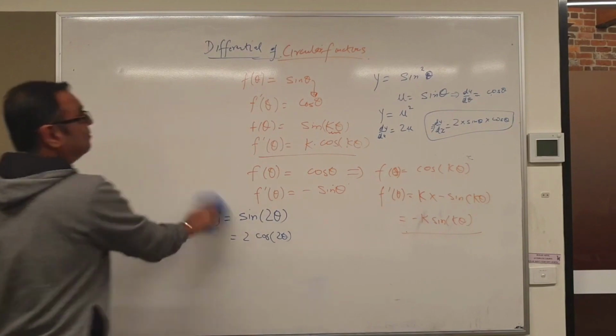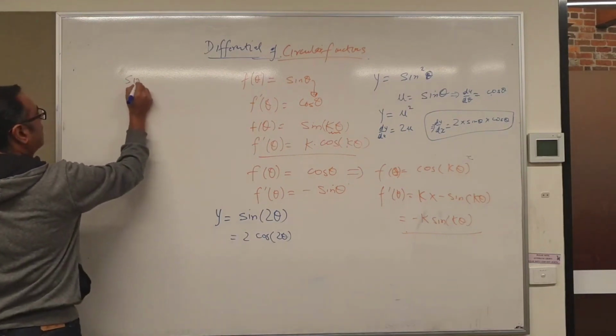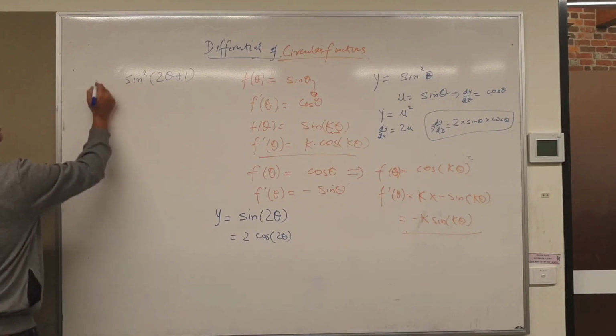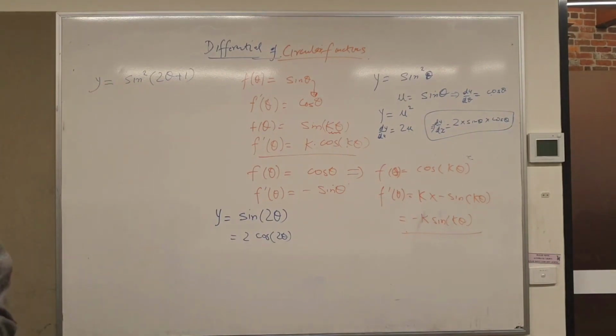All right, now let's combine the two and see what happens. So I say sine square 2 theta plus 1. Let's say this is y. Can you now use both the techniques to solve this?